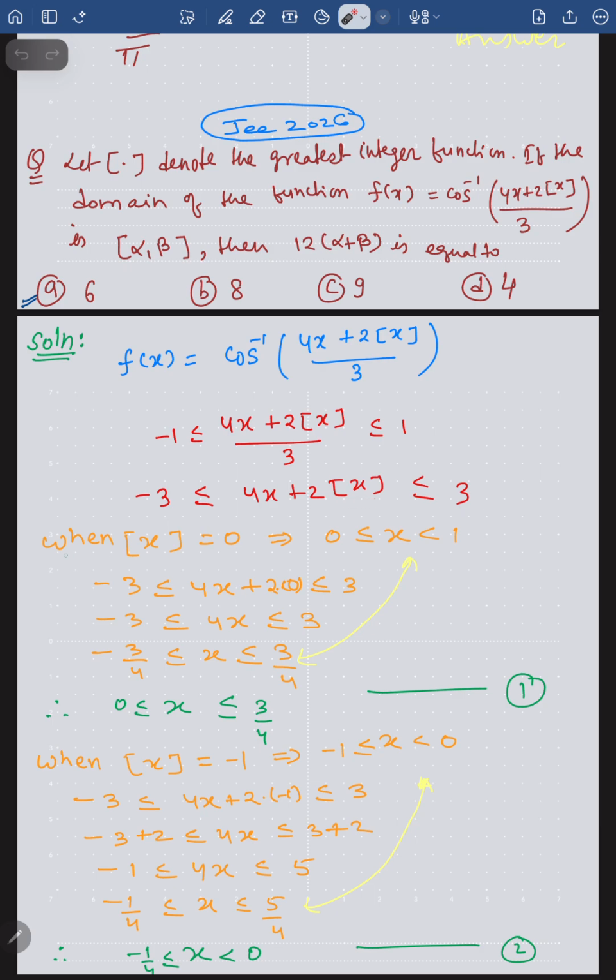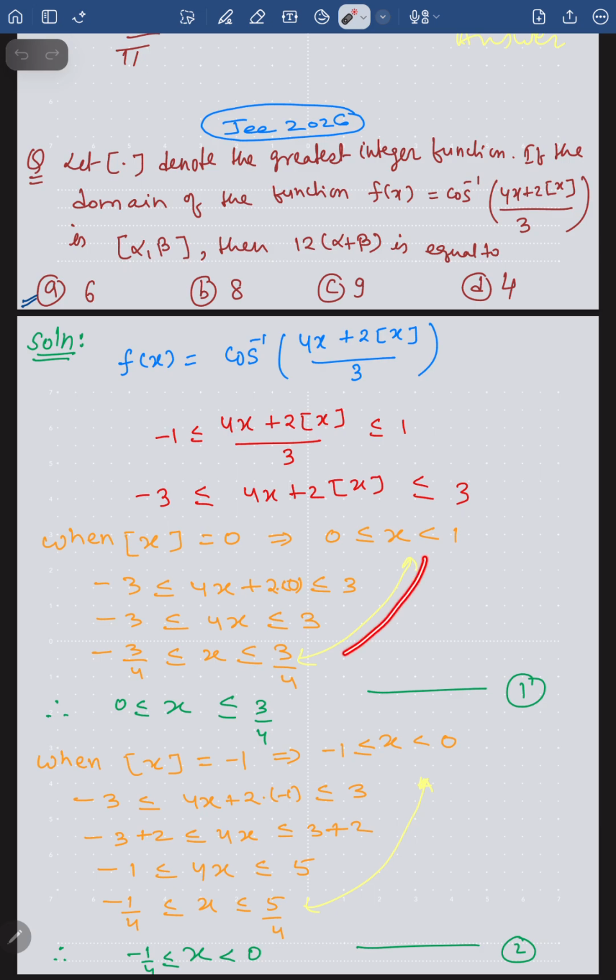One by one we will see when the greatest integer value is taken as 0. In that case x will lie in this interval, so we just write 0 here. So -3 less than or equal to 4x plus 2 into 0 less than or equal to 3. So -3 less than or equal to 4x less than or equal to 3. Divide by 4 throughout, so -3/4 less than or equal to x less than or equal to 3/4.